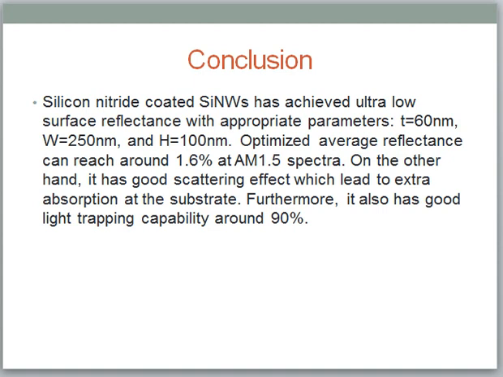On the other hand, it has a good scattering effect, which leads to extra absorption at the substrate. Furthermore, it also has good light trapping capability of around 90%. From all the data shown above, silicon nitride coated silicon nanowire array is very good at improving light management of silicon solar cells.